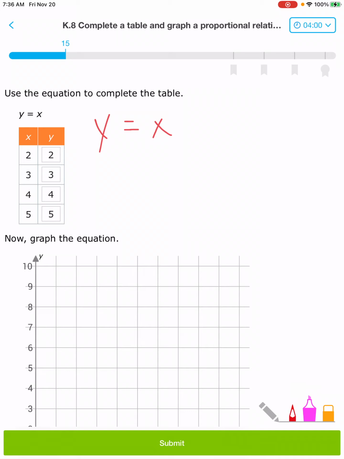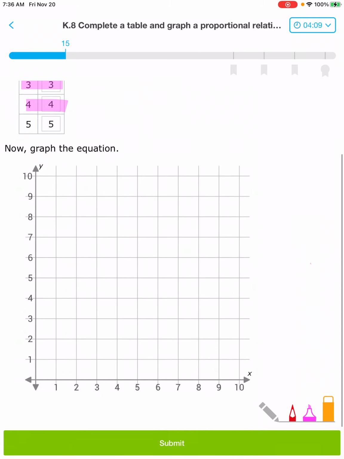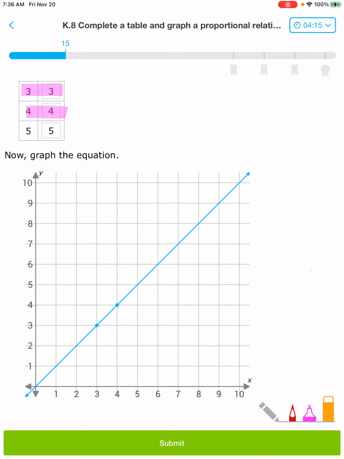And then I'm going to plot the points. So this time I'm going to plot 3, 3, and 4, 4. So that means I'm going to go right 3, up 3, and over right 4, up 4. And the line connects on its own after I plot the second point.